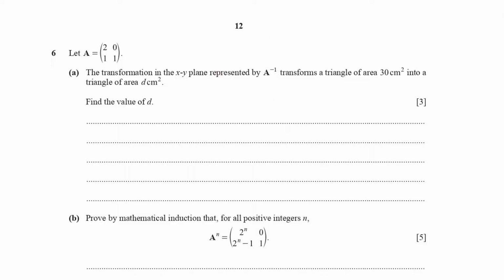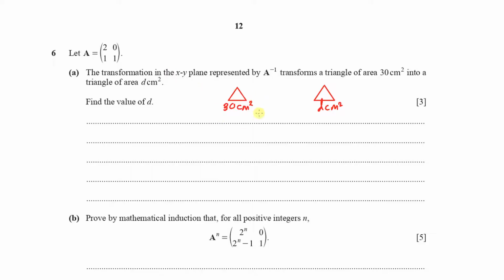So here the situation that we have is, they're saying that we've got a triangle. Actually, we have two triangles. So we have a triangle of area 30 square centimeters being transformed onto a triangle of area D square centimeters.